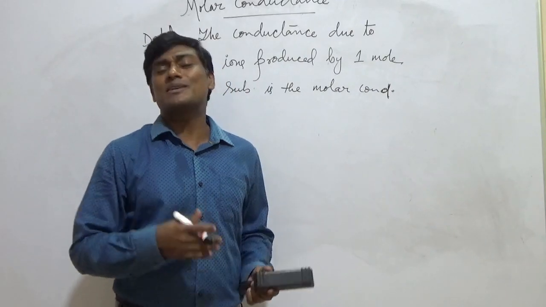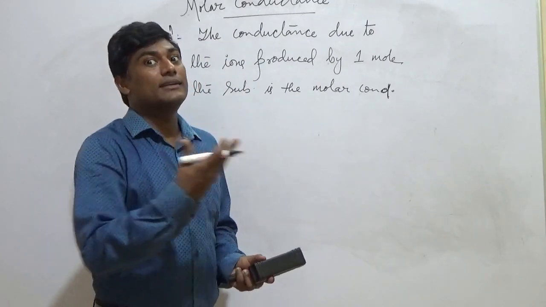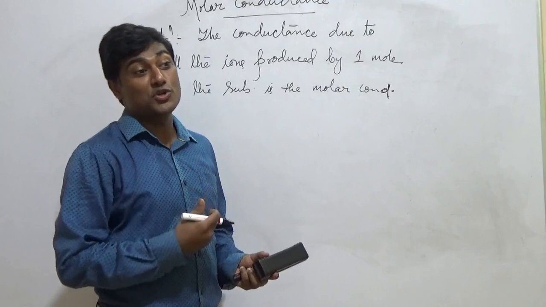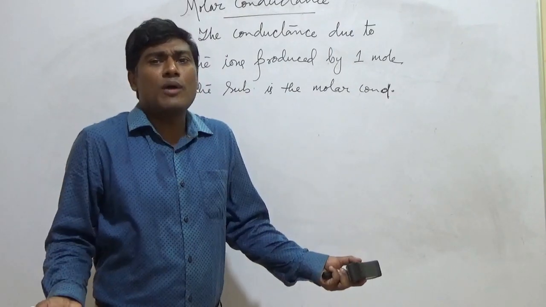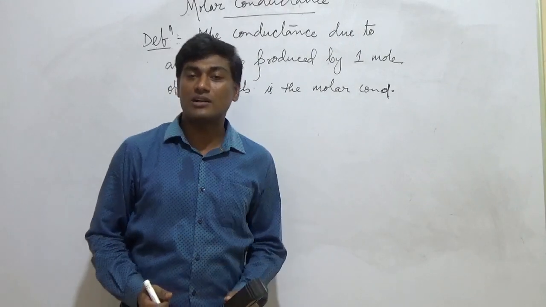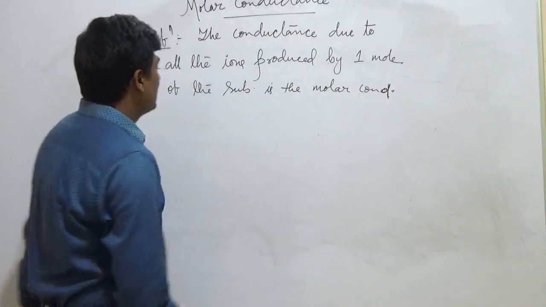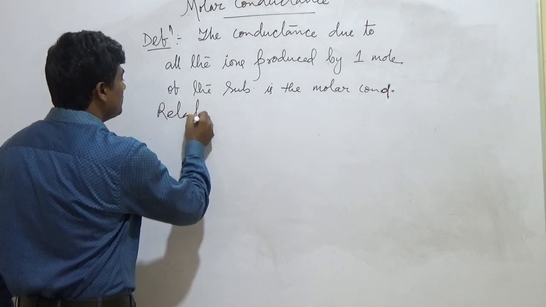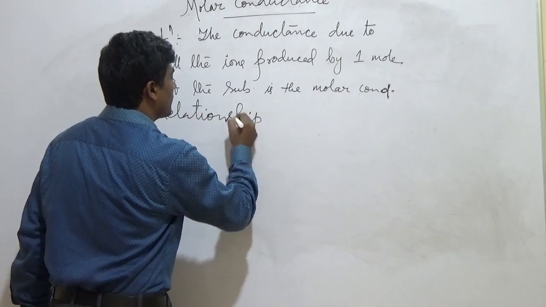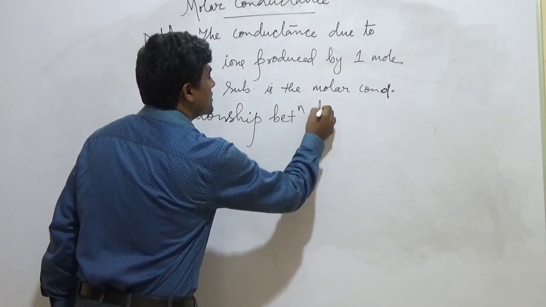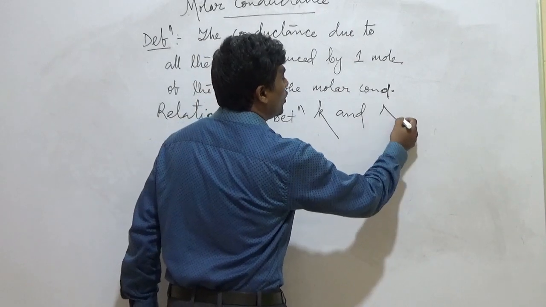By taking similar assumptions, there you were taking 1 ml of the solution containing 1 gram equivalent of the substance in case of equivalent conductance. Here you have to consider 1 ml of the solution containing 1 mole of the substance, and accordingly when proceeding you will find the relationship between specific conductance and molar conductance.